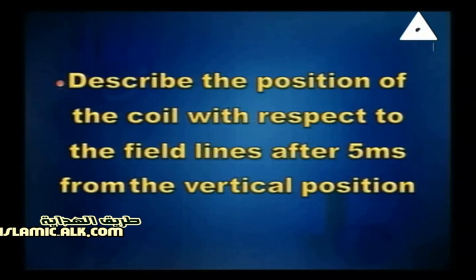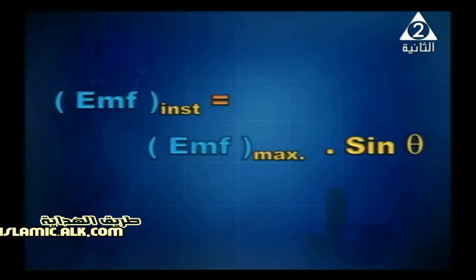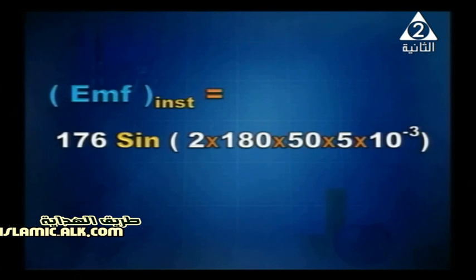We want you to describe the new position of the coil. EMF instantaneous is given by EMF maximum sine theta because we started from the vertical position. Maximum EMF, we managed to obtain it, 176 sine.